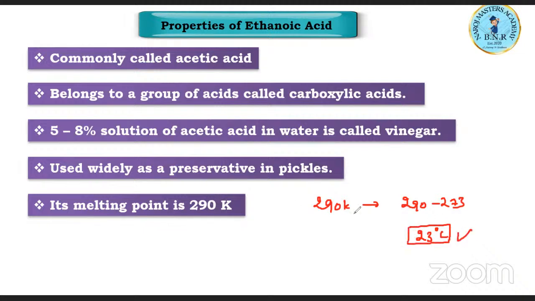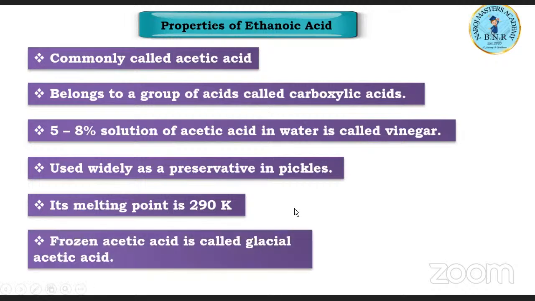Not 27, it is 17. So 17 degrees Celsius is the melting point of this acetic acid. Pure acetic acid that freezes is called glacial acetic acid.